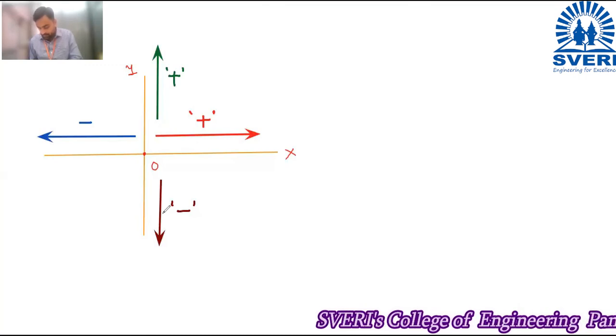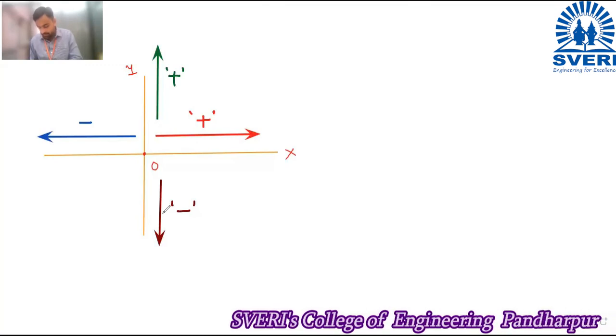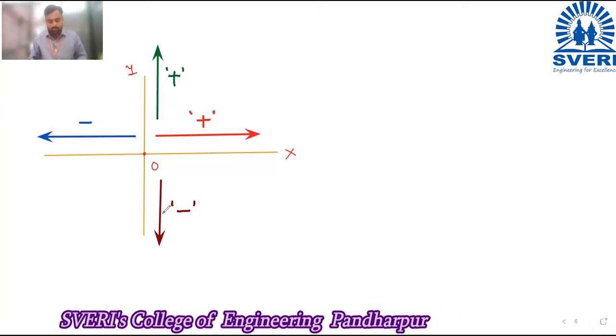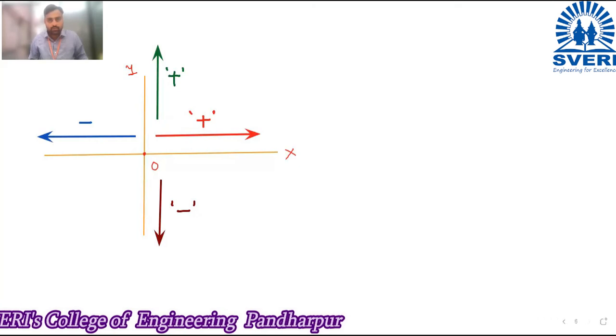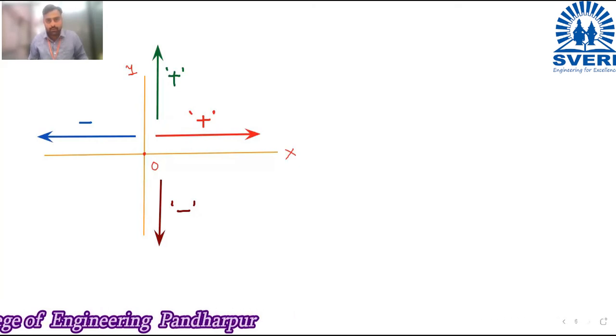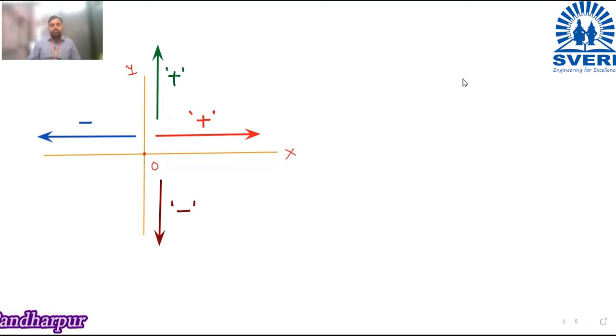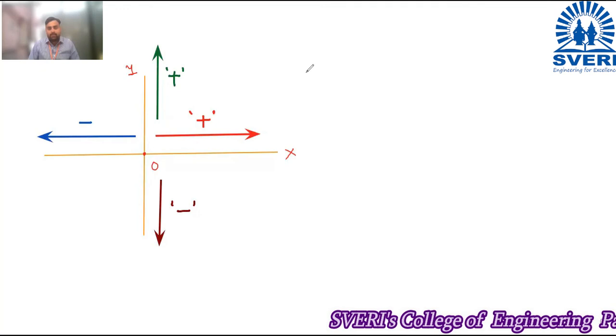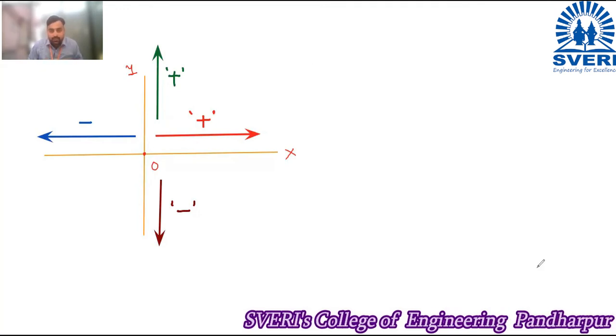So let's start from roll number 1. Present. 2, present, sir. 3, present, sir. 4, present, sir. 5, present, sir. 6. Roll number 6 is absent.